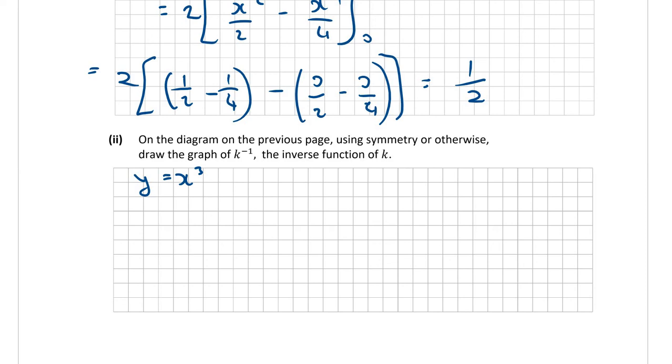So we take the cube root of both sides. So y to the power of 1/3 is equal to x. And now I'm just going to replace the y with x and the x with the y. So therefore x to the power of 1/3 is equal to y. So therefore for the inverse k minus 1 of x, it's just x to the power of 1/3.